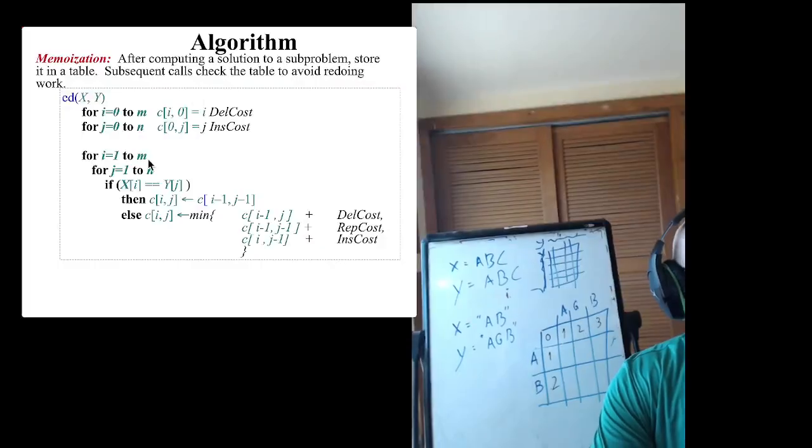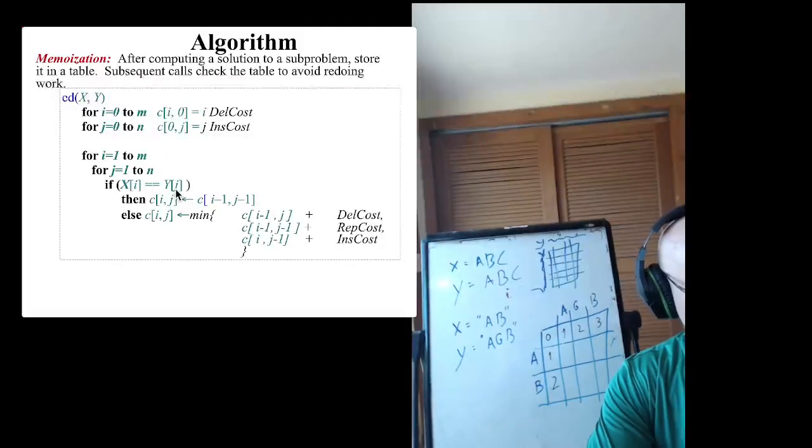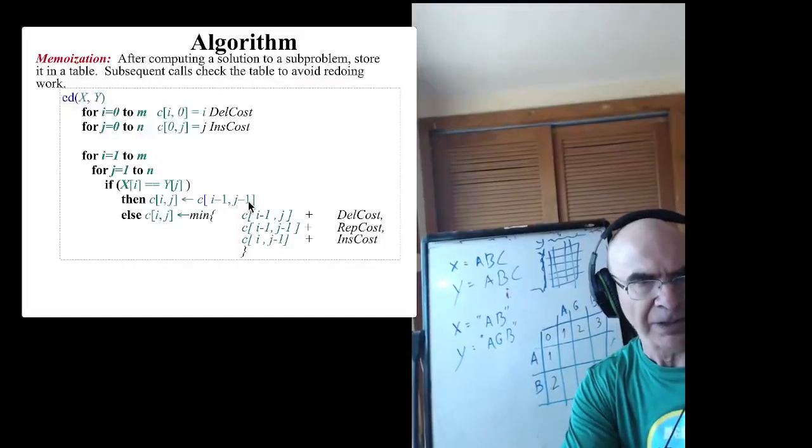And now, just as before, for i goes from 1 to m, for j equals 1 to n, if xi equals yj, then C[i][j] is just C[i-1][j-1], no need to change anything.